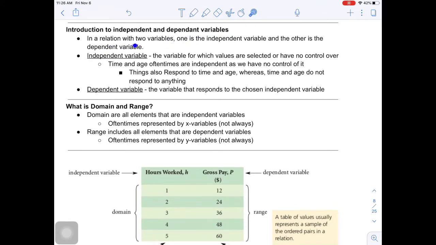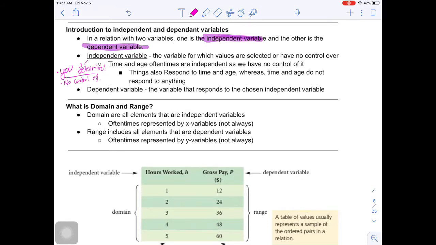So in a relation with two variables, one is the independent variable and the other is the dependent variable. So you always have both present. Okay, your independent variable, this is the variable for which values are selected or have no control over. So this is something you either determine, or you don't have any control of.